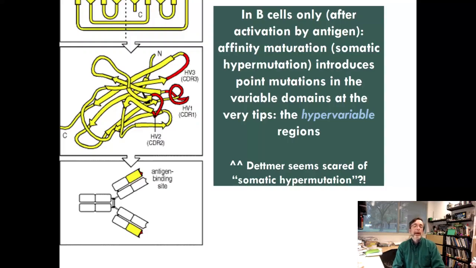Now, if you look at these, they also have 2 names. Technically, when you're talking about the gene, you're talking about HV3. When you're talking about the protein, you're talking about CDRs, complementarity determining regions. They're both the same thing because the highly variable regions are the same things that determine the complementarity of antigen to antibody.